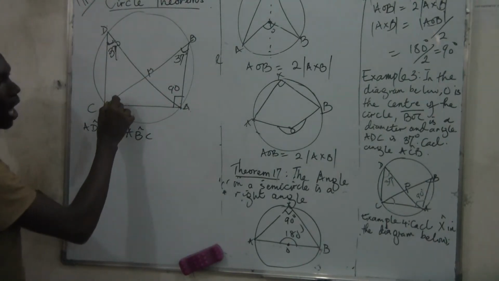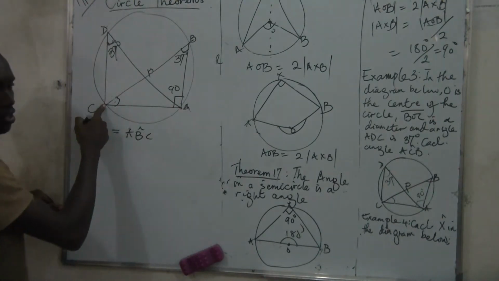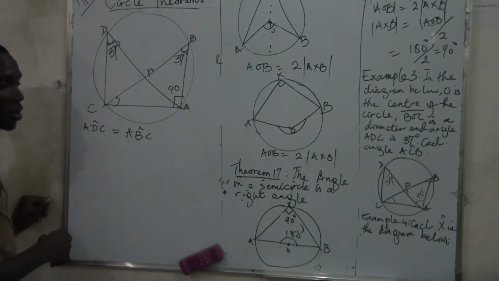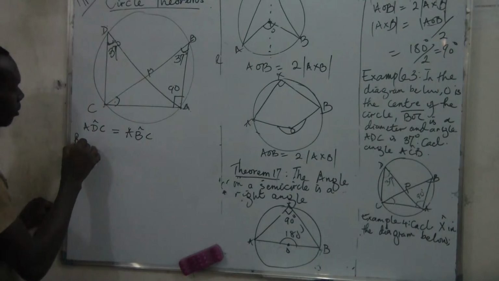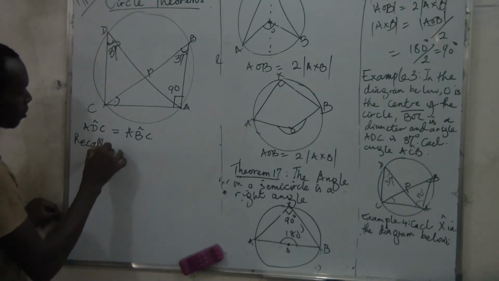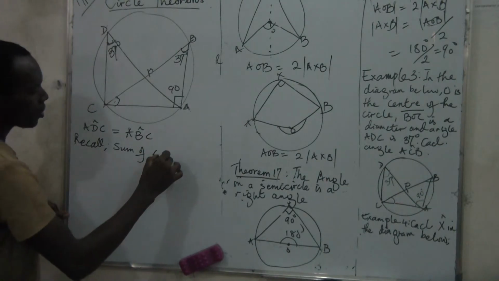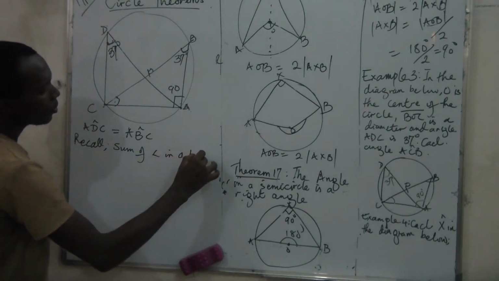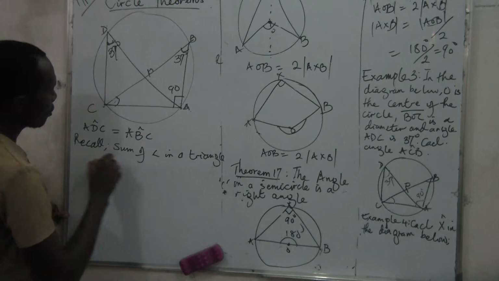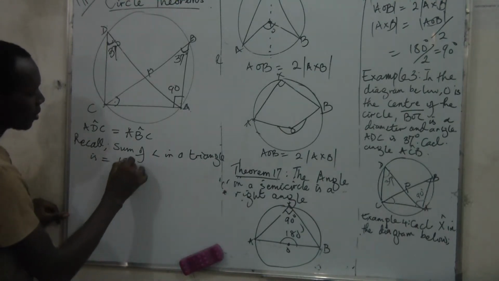We're asked to find angle ACB. So recall, the sum of angles in a triangle is equal to 180 degrees.